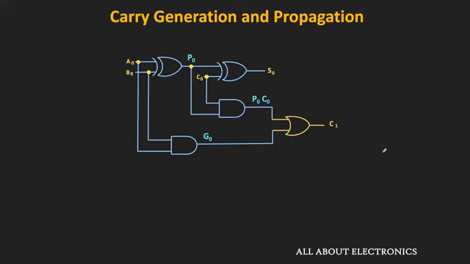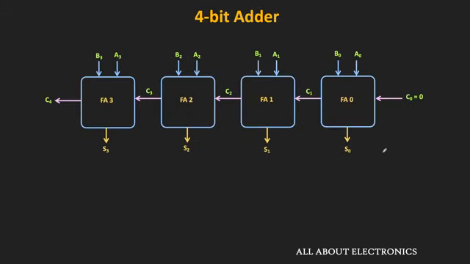So for the first full adder, this carry output C1 will be high whenever G0 is high or P0 dot C0 is high. That means C1 is equal to G0 plus P0 dot C0, and the sum output S0 is equal to P0 XOR C0.